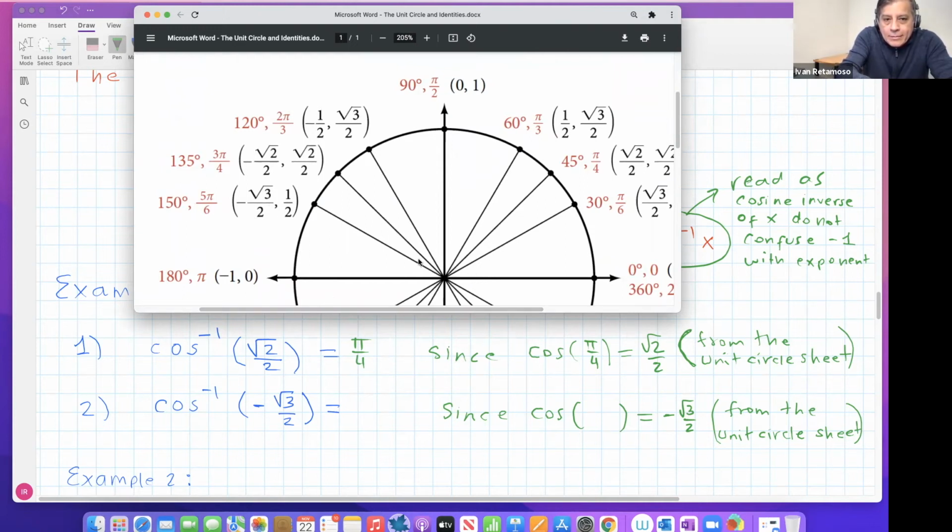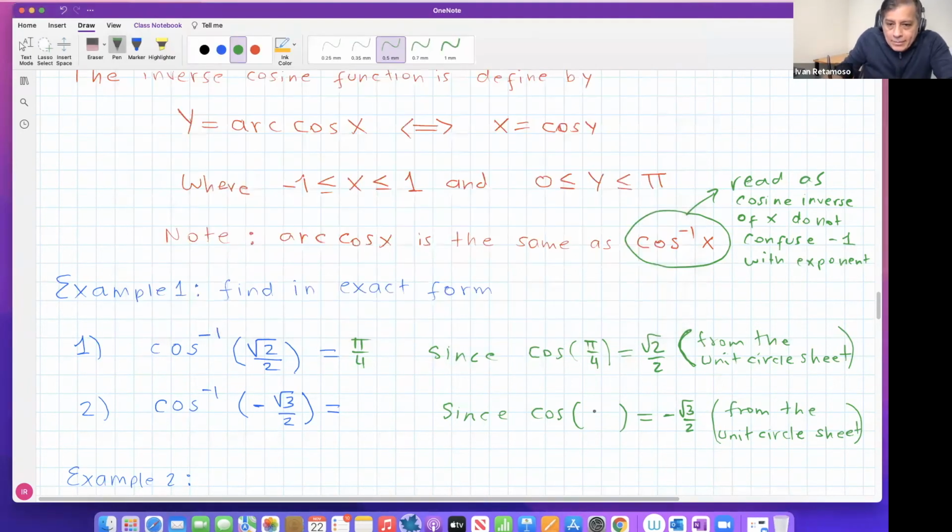But what is that angle? Look here, 150 degrees. Since mathematicians want the angle in radians, take this, 5 pi over 6, right? So cosine of 5 pi over 6 is negative square root of 3 over 2. So cosine inverse of negative square root of 3 over 2 should be 5 pi over 6, right? Follow, guys? It's in exact form.